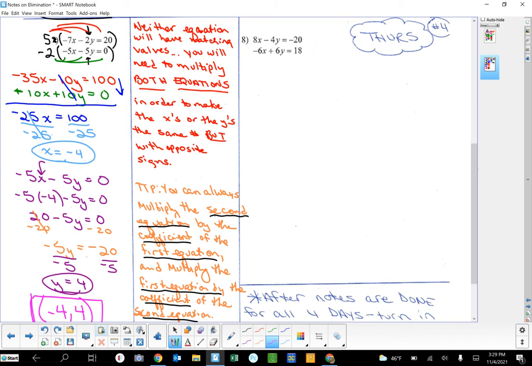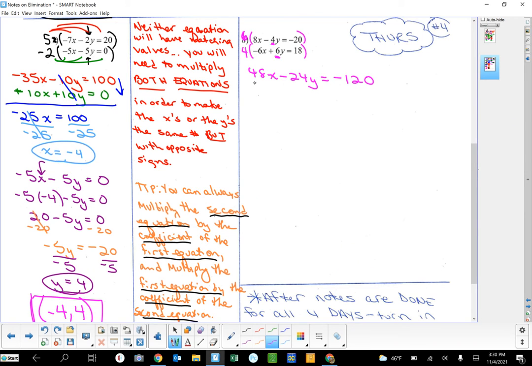Okay? So let me show you again how that would work up here. Multiply the second equation by the coefficient on the first. So that's this guy. And then multiply the first equation by the coefficient on the second. Okay? You can totally do that. So here's what we would get if we did that. I would get a 48x minus 24y equals 6 times negative 20 is negative 120.